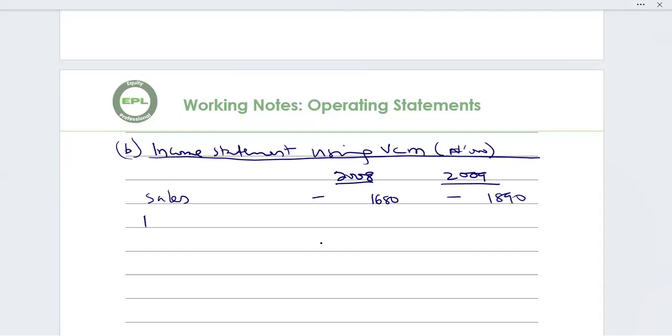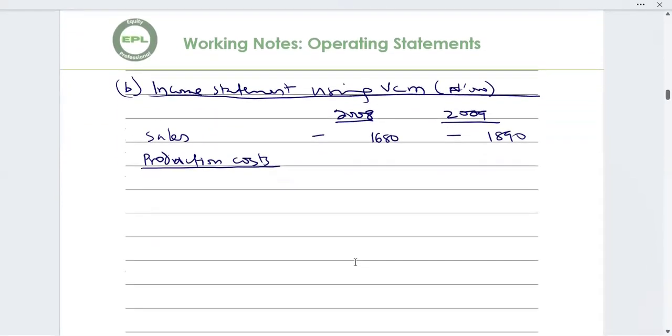Now we need to consider production costs. We can say variable production costs. The first item is our opening stock. Remember, under marginal costing approach, stocks are valued at total variable cost per unit.